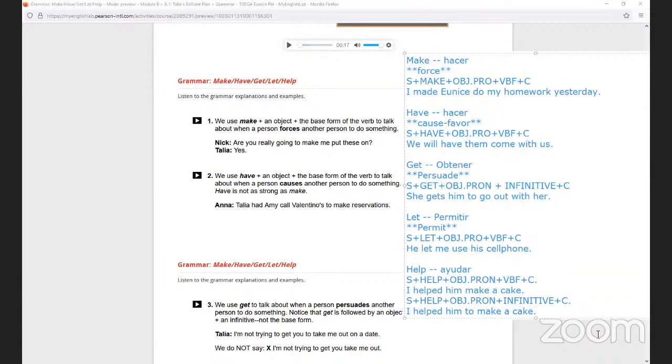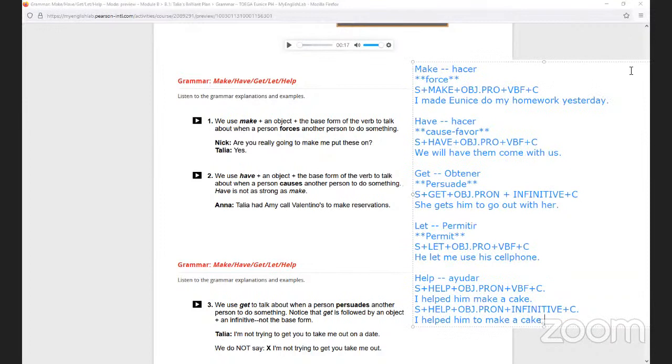I understood everything, teacher. Perfect, Amy. So you could take a picture if you want, or if you took notes, in order to have the structures of the sentences. Just one more thing. These verbs we could use with any tense.